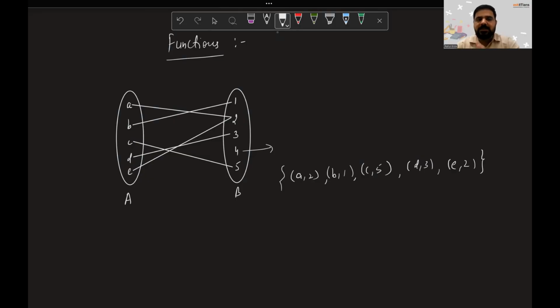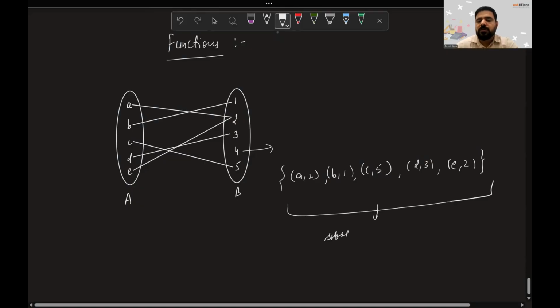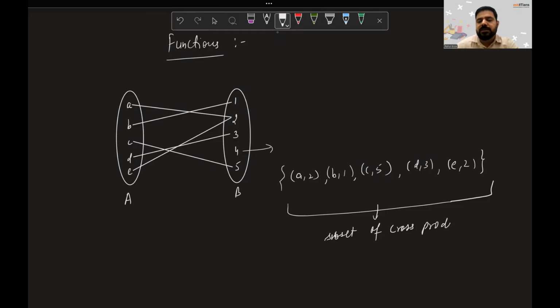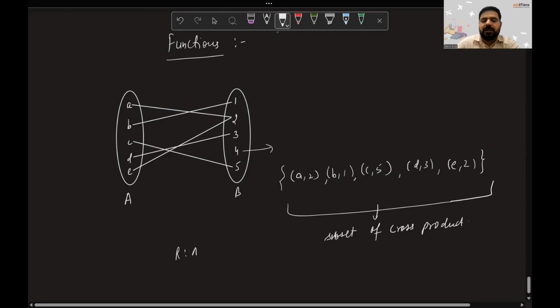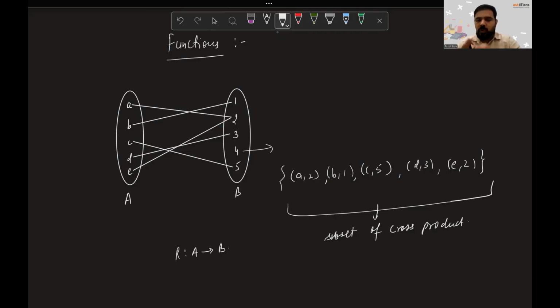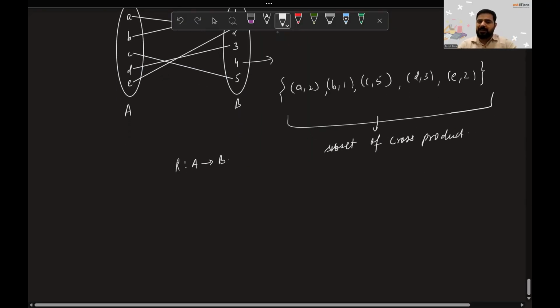This is a relation. Yes, this is a subset of the cross product, definitely. So this is definitely a relation from set A to set B. But when can we say that this relation is a function also? There is a very important property that we need to understand.